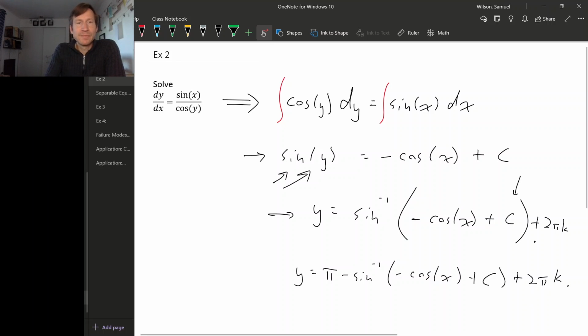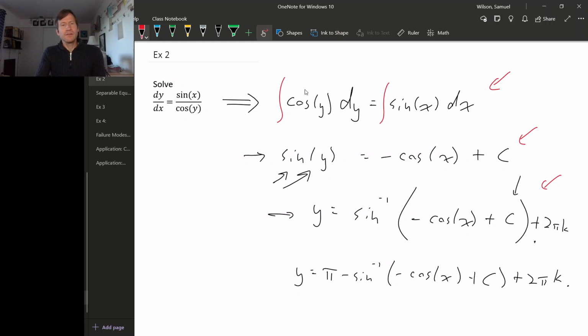All right. So the general idea here of separating the variables, integrating, and then solving the algebraic equation is still the same. It's just because of the fact that we have some trig functions, we get this little wrinkle involving periodic and symmetric solutions. So what is it that made this trick work?